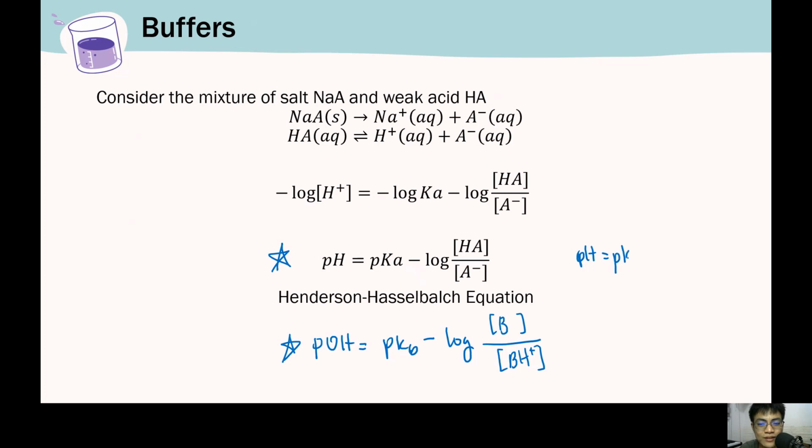Let me just clarify this to everyone because the Henderson-Hasselbalch equation differs per source. Okay, so that's pH equals pKa plus log of the conjugate base over acid. This is the one I always have in mind. Notice that when you flip the fraction, the sign of the logarithm also changes. Okay, so they are not different equations. It just so happened that the fraction inside the logarithm was flipped.